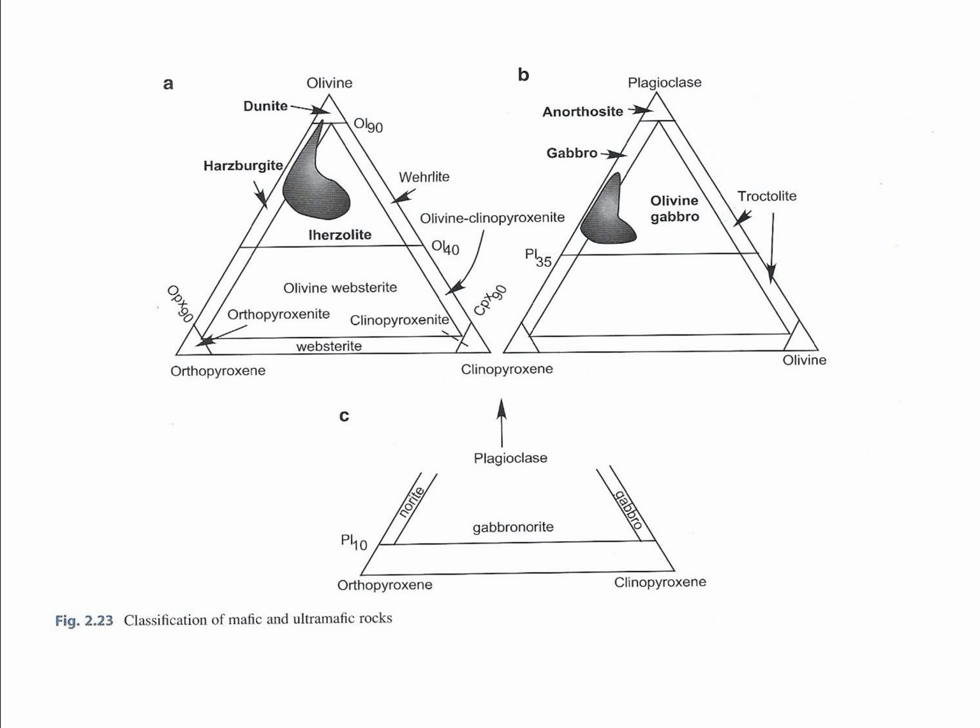Then we can form a norite, if the rock contains mainly plagioclase and orthopyroxene. And if the rock contains mainly plagioclase and clinopyroxene, as shown in diagram B, we are talking about the gabbro, and in between we form the gabbronorites. That is the classification of the mafic and ultramafic rocks.